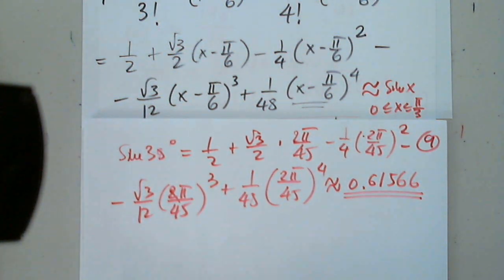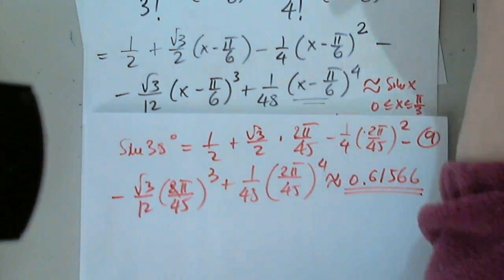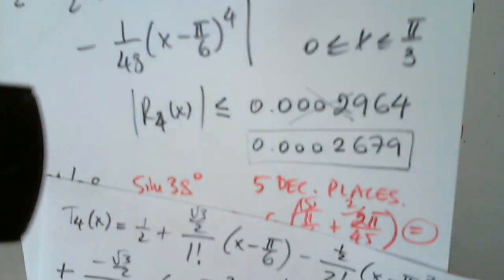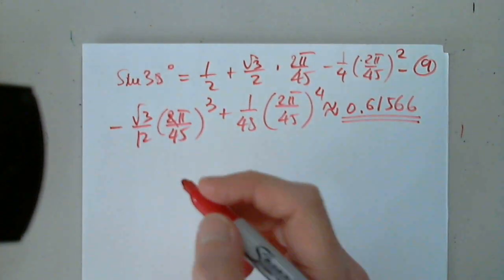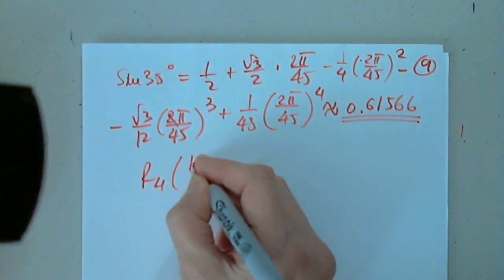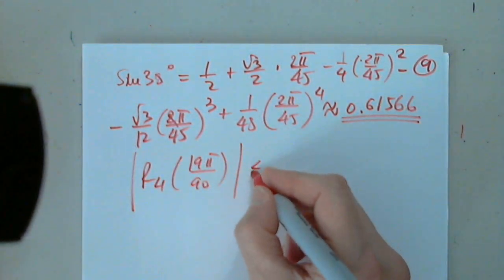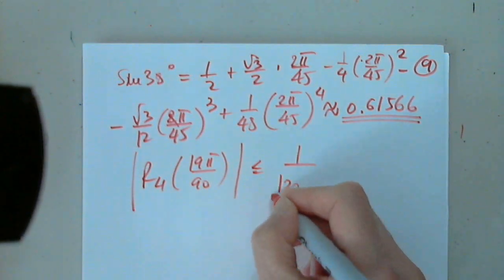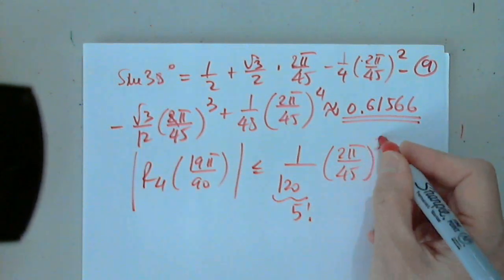I calculated that in order to cut back on time. Okay, so now finally we can also determine the error. So R4 for 19 pi over 90 is less than or equal to 1 over 120, which is 5 factorial, times 2 pi over 45 to the 5th power.